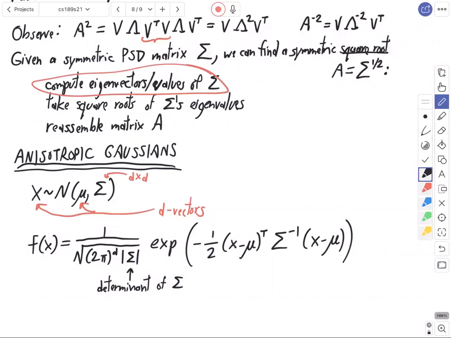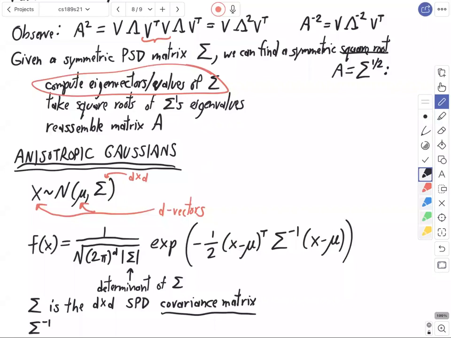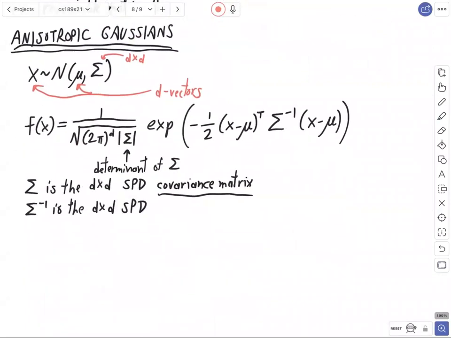It's ellipsoidal. And this matrix sigma, again, is expected to be symmetric positive definite, and it's called the covariance matrix. Its inverse has a name too. And since sigma is symmetric positive definite, so is sigma inverse. Sigma inverse is often called the precision matrix.